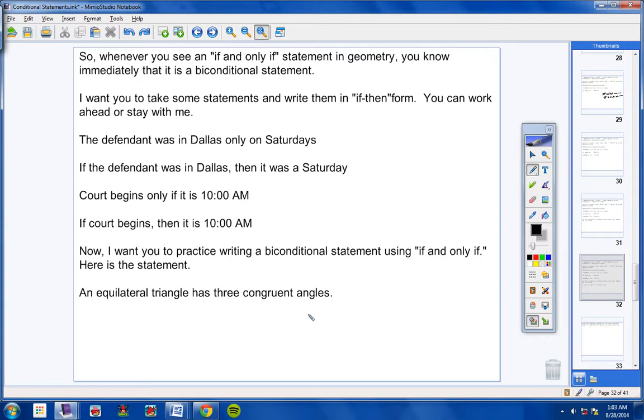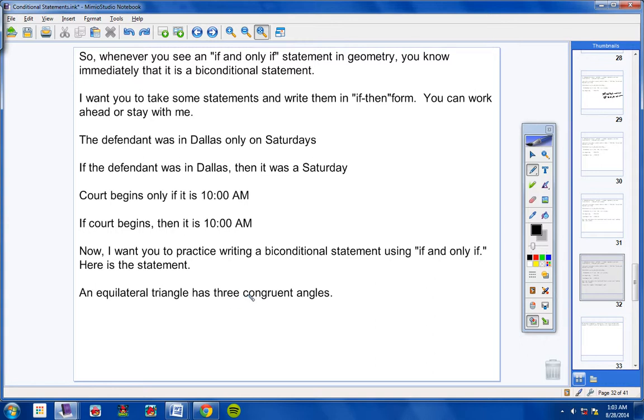That's true. And then if a triangle has three congruent angles, then it is an equilateral triangle. That is true. So this statement here is true, and its converse is true.